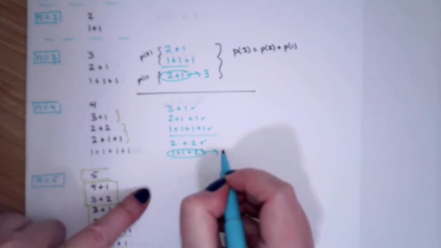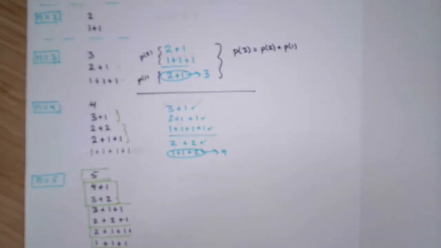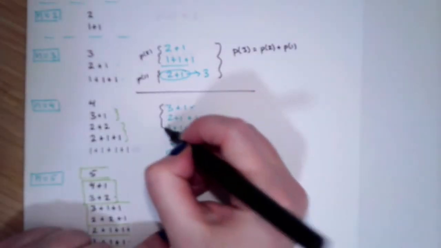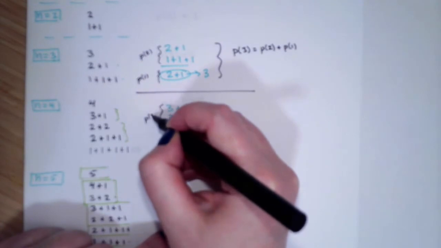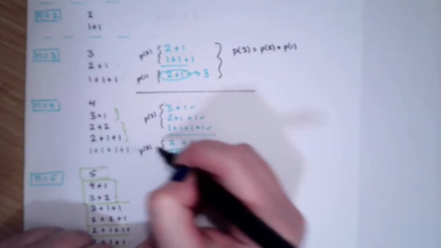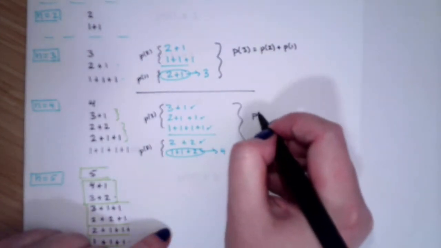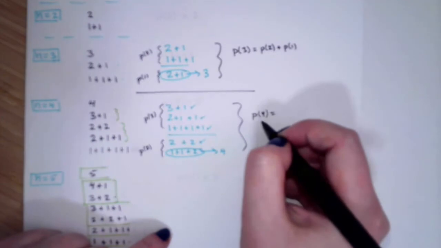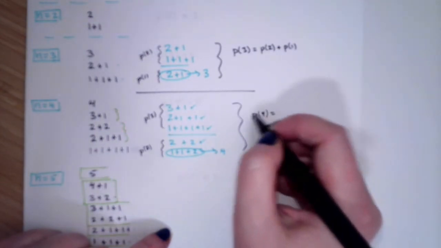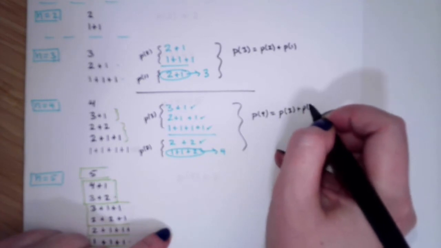So I'm going to add all of those together to get 4. Just like previously, this one is the integer partition of 3, but we added 1 to the end. This one's the integer partition of 2, but we added 2 to the end with a small adjustment at the end. So we could say that the partition function of 4 is just the sum of the previous two.